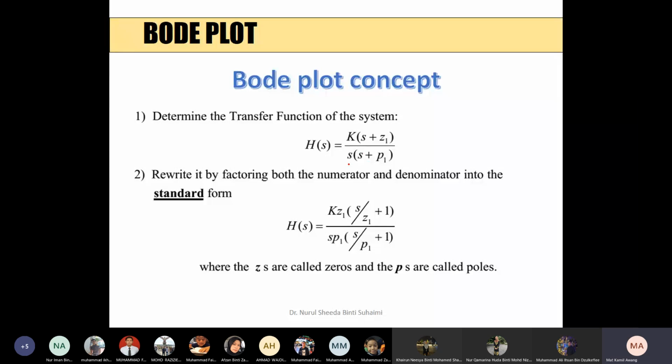And over s times (s plus p1). P1 is a pole.